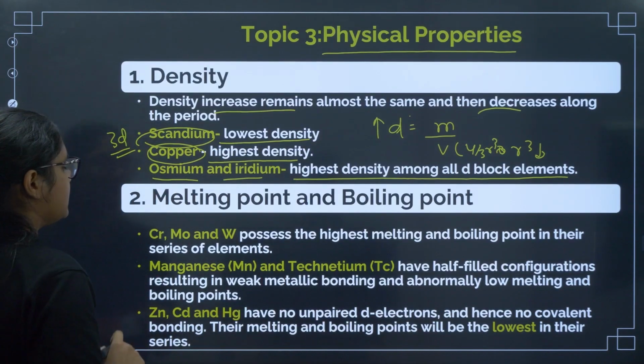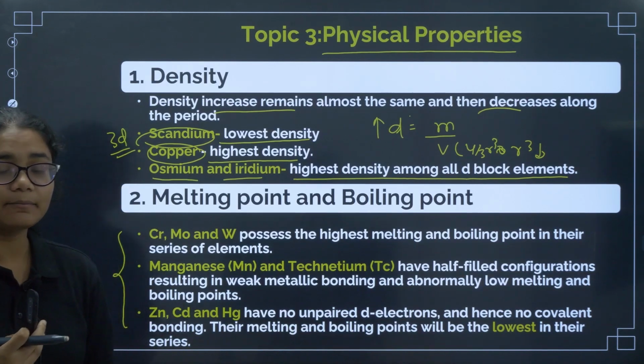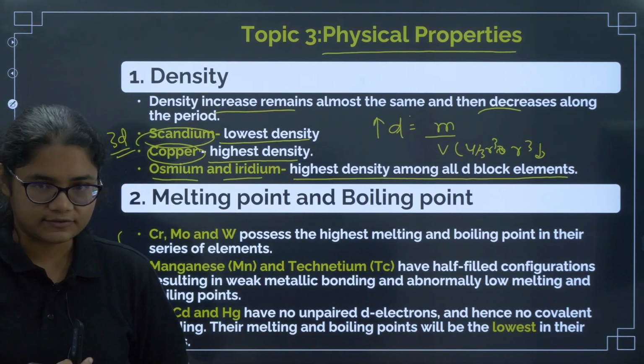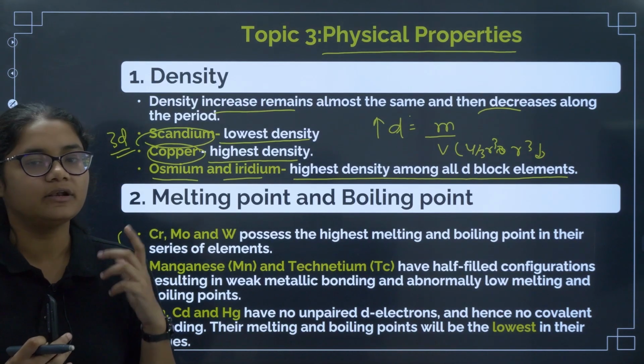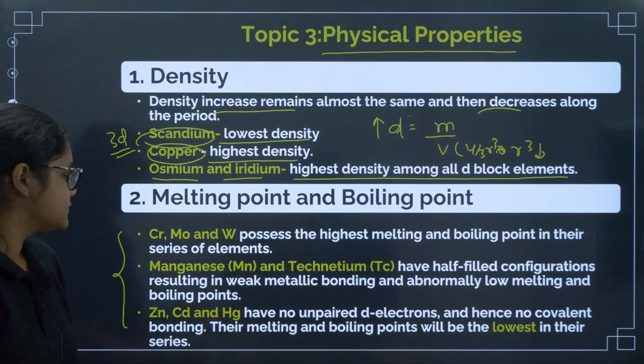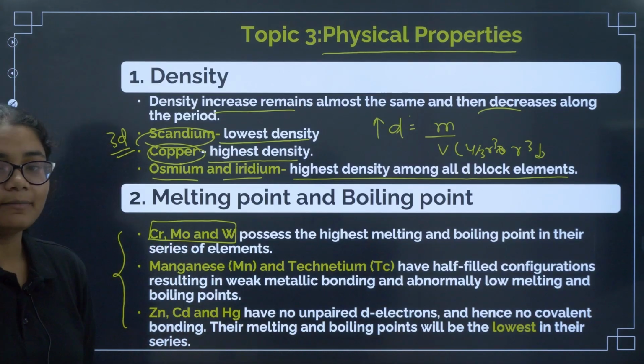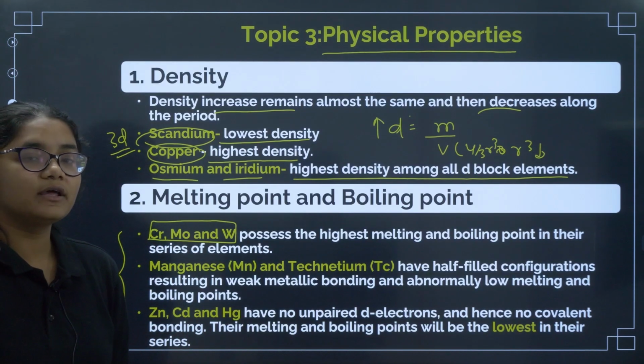Next we come to melting point and boiling point. This is also very important to understand. If the metallic bonding is very strong, melting point and boiling point will be high, and metallic bonding depends on the number of unpaired electrons. So chromium, molybdenum and tungsten have very high melting points because they have stronger metallic bonding.